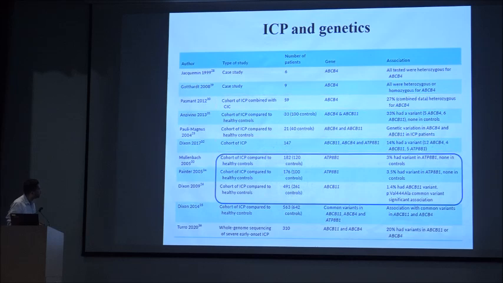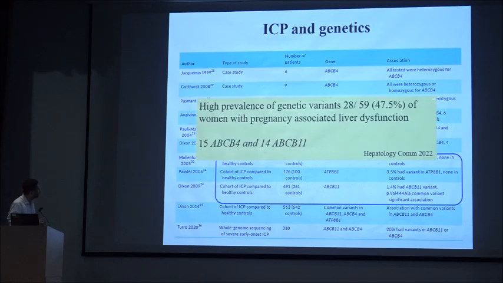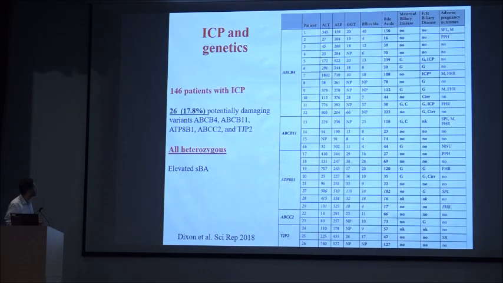There are some studies which showed less frequency, 3 to 3.5%, but these studies are limited because they tested for a single gene like ATP8B1, which we know is less likely to lead to intrahepatic cholestasis. So we'd like to believe that the number is much higher, as described in the recent study, where almost 47.5% of ladies with pregnancy associated liver dysfunction had variants in ABCB4 and ABCB11.